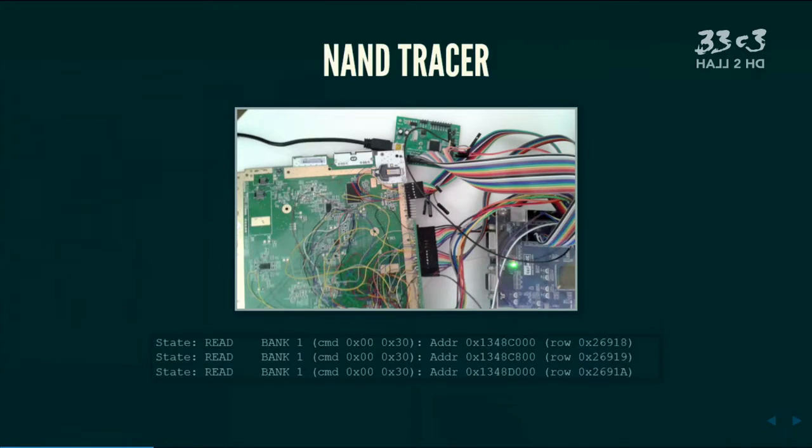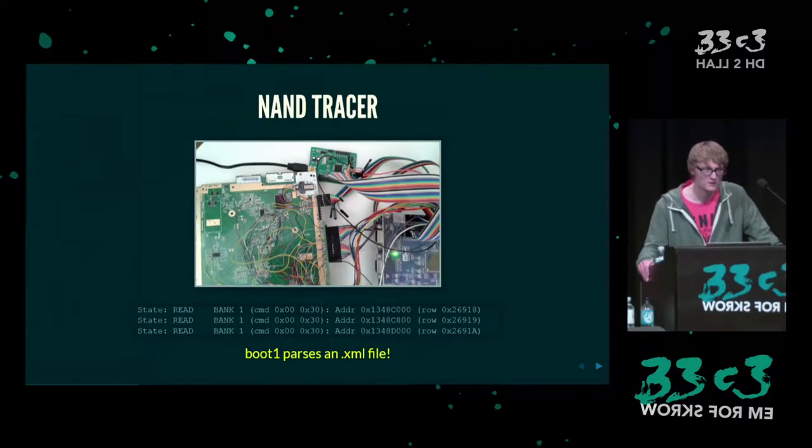We also messed around with some files on this file system, and we found out that boot 1 actually parses a file that is called system.xml. I don't know, it doesn't really feel safe to parse an XML file in such a really early boot process. I mean, there's a lot of stuff that could go wrong.